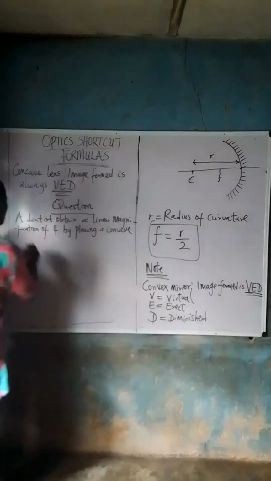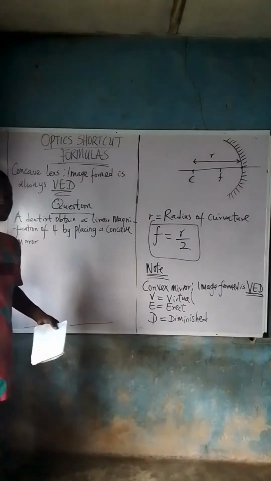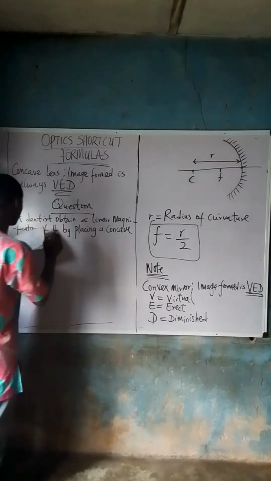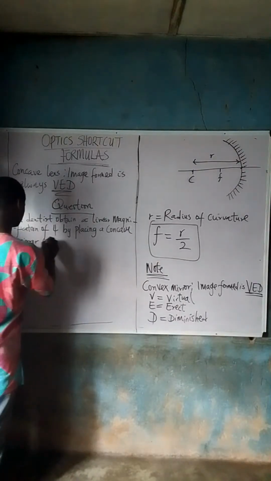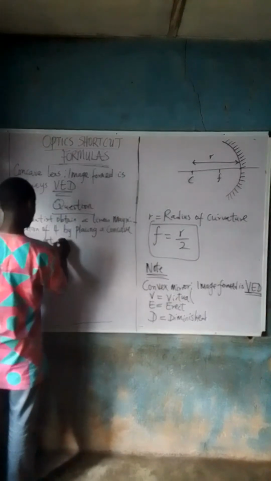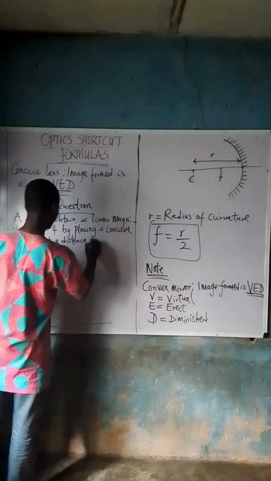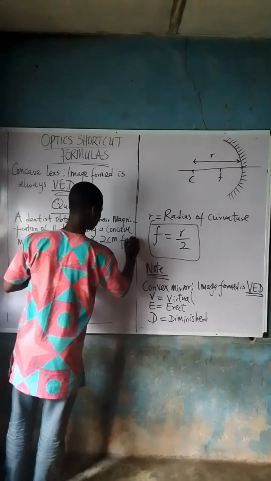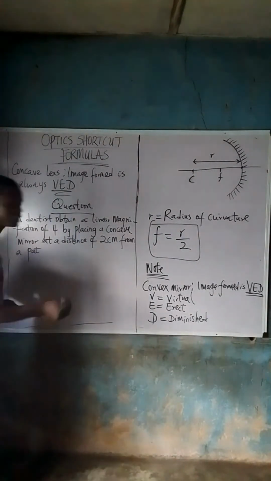Something has struck our mind when we heard concave mirror. Our body has been sensitized already. You should be thinking of something now. By placing a concave mirror at a distance of 2 cm from a patient's tooth.